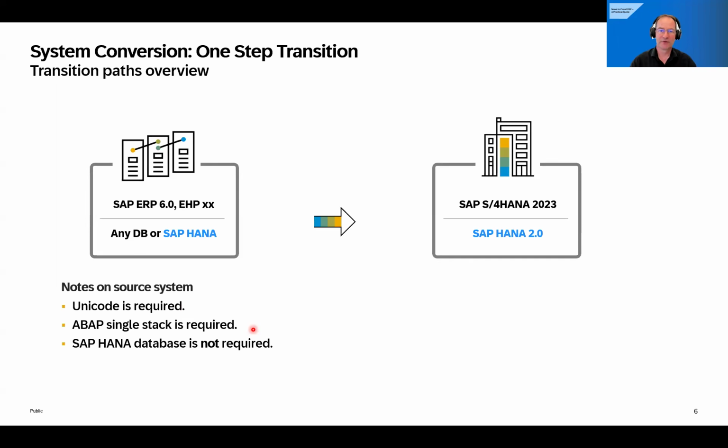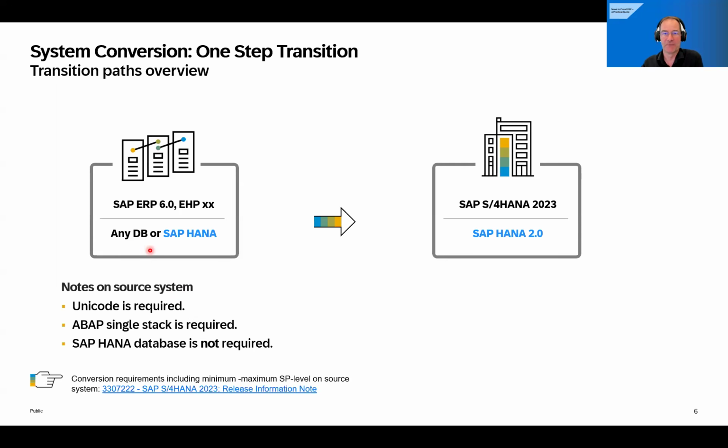So in case your source system is still a dual stack, you'll have to do the dual stack split before. No big deal. And if your source system is non-Unicode, you'll have a separate small project to convert to Unicode before. Just to mention it again explicitly, it is not required that the source system is already running on SAP HANA database. So any of those supported databases are fine for a one-step transition.